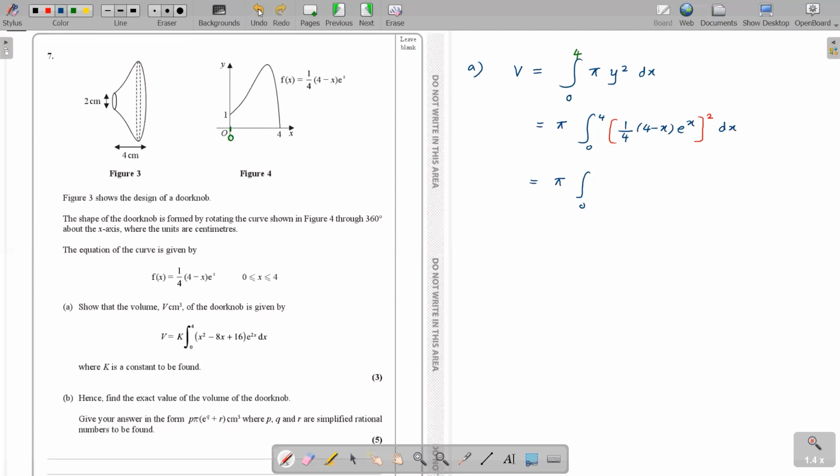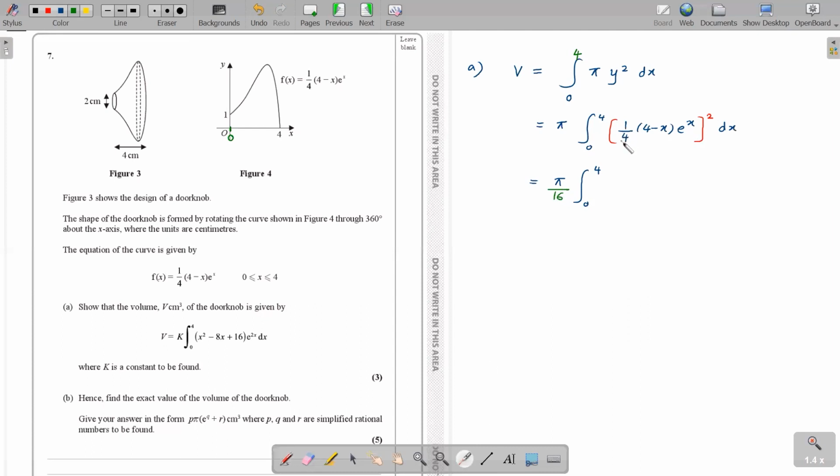So this is 0 to 4. The power 2 goes to each and every element here, right? 1 over 4 when you square is 1 over 16. So I'll take the 1 over 16 out, and it gives me pi over 16.